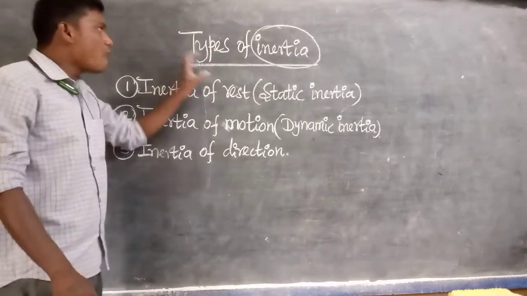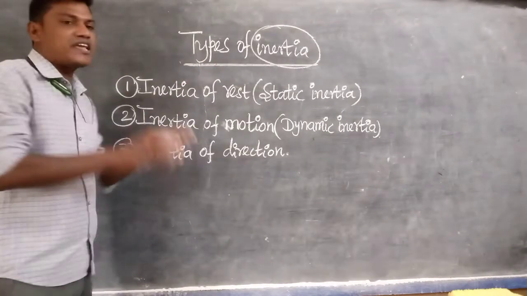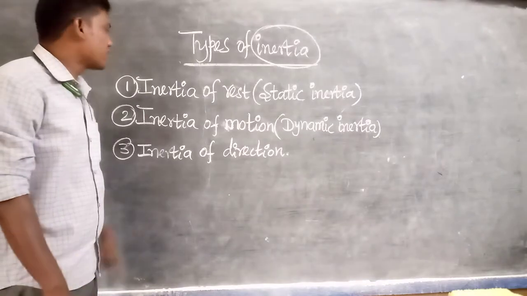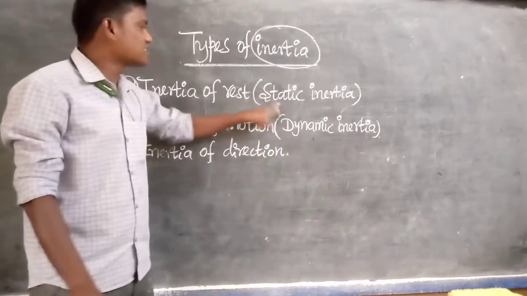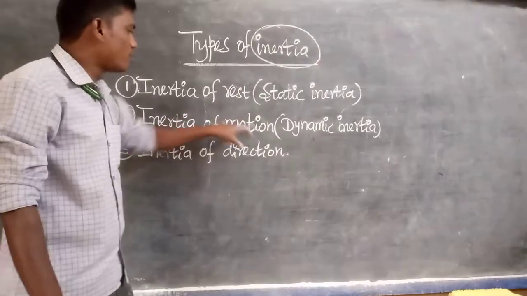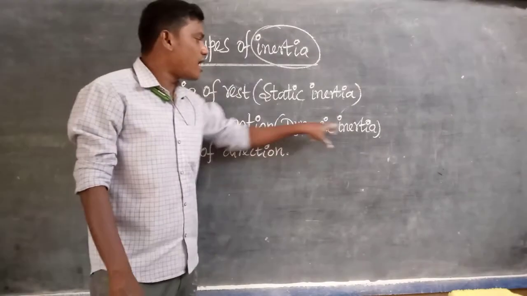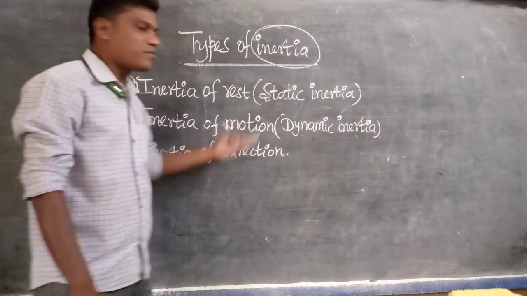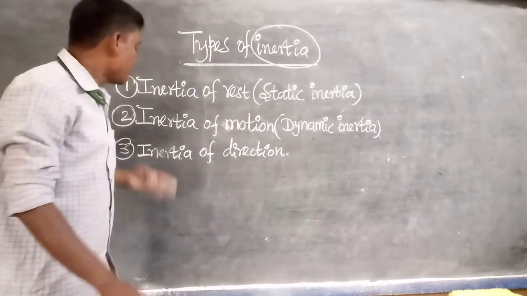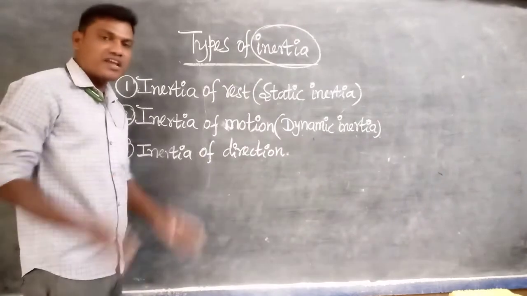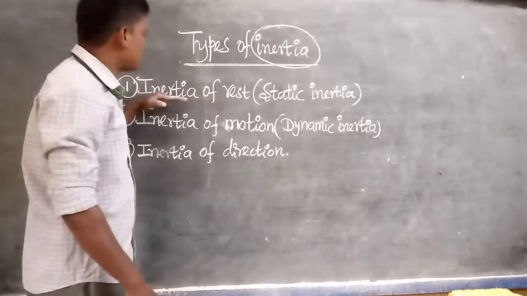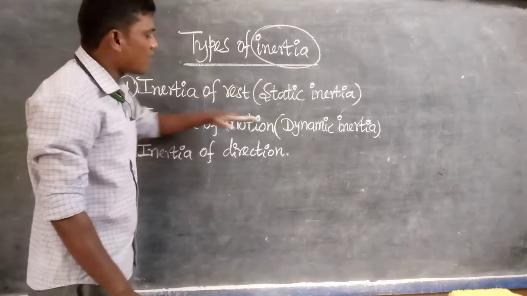Anyway, how many types of inertia are there? Mainly three types. Inertia of rest, also called static inertia; static means rest. Inertia of motion, also called dynamic inertia; dynamic means in motion. And inertia of direction. In our 9th standard regular syllabus, we discuss only the inertia of rest and inertia of motion.